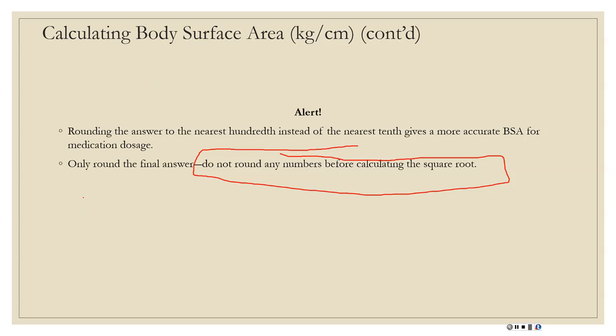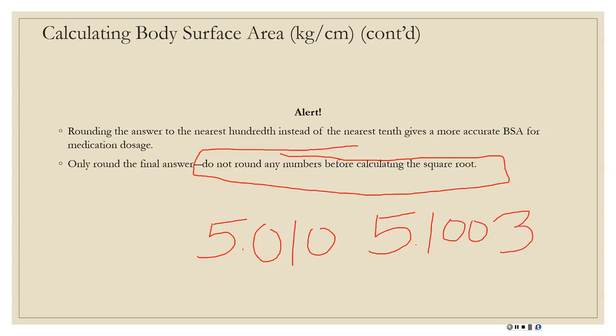If you push the square root button on your calculator and you happen to get an answer that perhaps was 5.010, you would still want to do 5.01. If you happen to get a number that was 5.1003, and again, I'm telling you, you have to round to this spot, then that would be a time where you could use just the 5.1 because we don't ever need the extra trailing zeros.